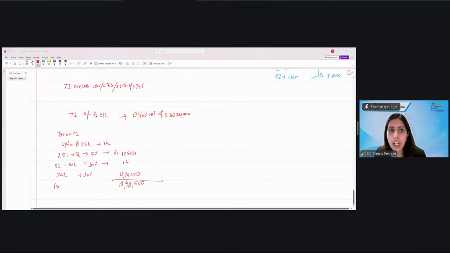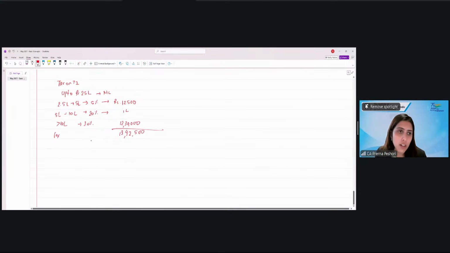Since the income has exceeded 50 lakh, there will be surcharge, right? So it will be 10%. It will be 134,250. So my total tax comes to 14 lakh 76,750 rupees.